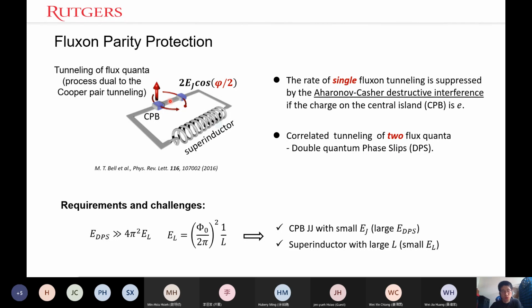I'll just walk through what actually happens. We have EJ close to EC, allowing quantum phase slips to happen, and the Aharonov-Casher effect is the fluxon version of the Aharonov-Bohm effect for a charge moving in a magnetic field.